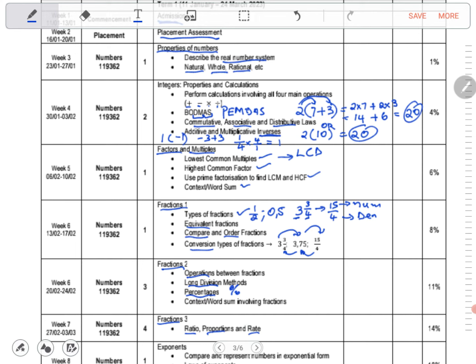So in ratios, we can compare two quantities, such as when, for instance, you have 21 days compared to 4 weeks. So we can see that 21 days is actually going to be 3 weeks of 7 days each.